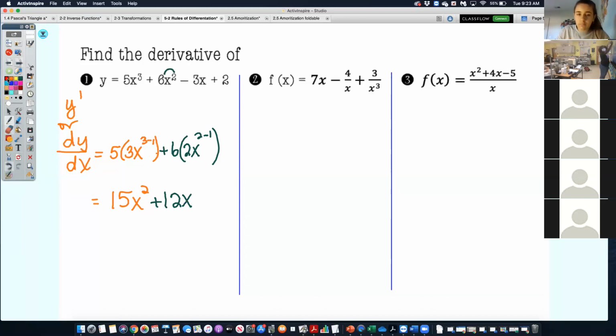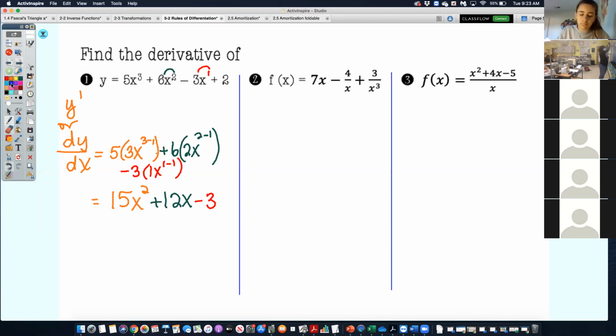What's the exponent on this 3x? 1. So I need to multiply it there as well. That's a -3. I'm going to multiply that by 1 and subtract 1 from my exponent. What does that become? It becomes a -3. Not a -3x because 1 minus 1 is 0. Anything to the 0 power is 1. So my variable is gone, but that constant's still there.